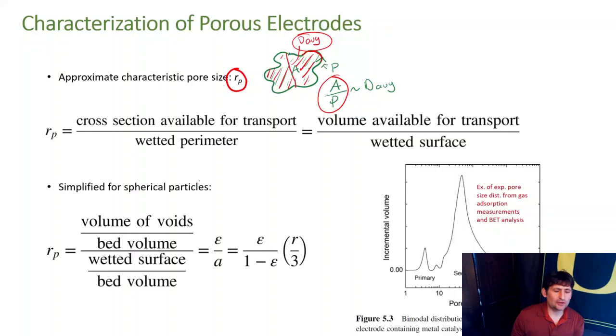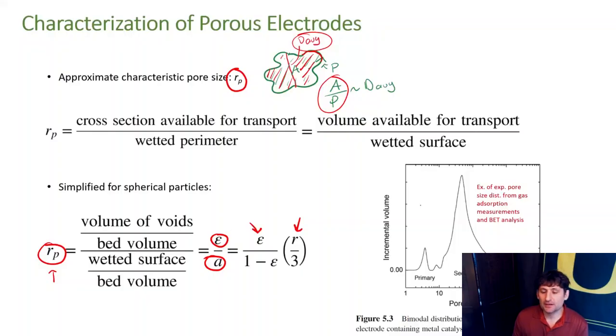And for spherical particles, this is simplified by the volume of the voids divided by the bed volume, the overall volume, that's the porosity, divided by the wetted surface over the bed volume, that's simply the superficial area. And that gives us an expression for the approximate characteristic pore size in terms of the primary particle size and the porosity.